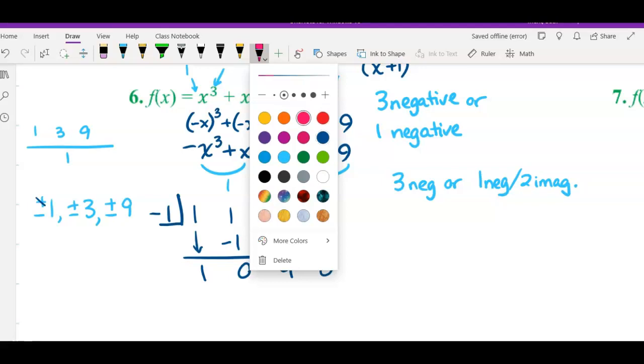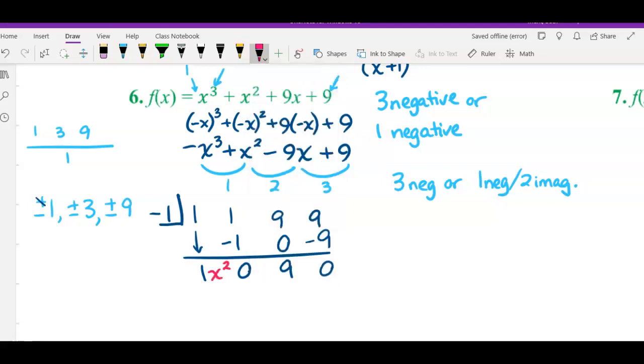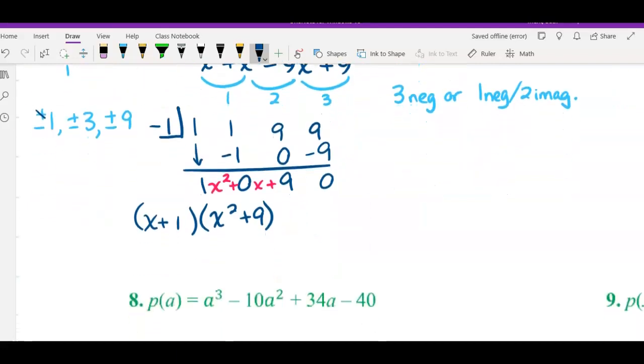If I fill in, this is 1x squared plus 0x plus 9. What I literally have left here is x squared plus 9. My original polynomial could be rewritten as x plus 1 times x squared plus 9. We already solved this one. We know that means x equals negative 1.